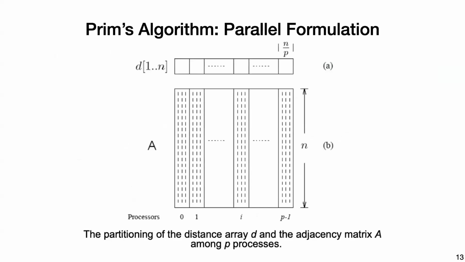Yeah, and this is just the picture of how you would split it up across the processes. You have P processors, this is the adjacency matrix, and we can split the adjacency matrix column-wise. So this is processor 0, this is processor 1, and so on, up to processor P minus 1. The distance vector is split the same way, processor 0, processor 1, up to P minus 1. In each round, we select one new thing to add from here, and that corresponds to some row here.